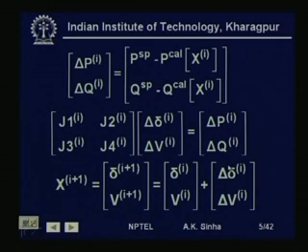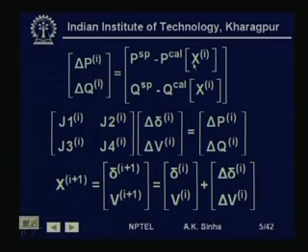From these relationships for Newton-Raphson load flow, we had developed the model where J times delta x is equal to delta P, delta Q. The delta P, delta Q vector is given by P specified minus P calculated, which is a function of the state variables at ith iteration.